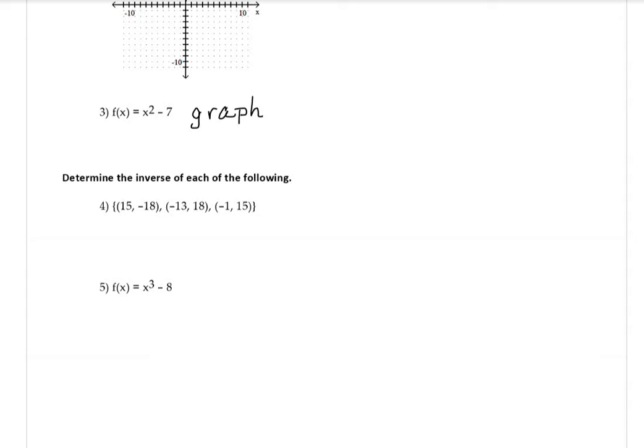But remember that this is really y equals x squared minus 7, and we have been working with problems like that. That is a parabola. I know that it opens up, and I don't really need to put this on a coordinate grid. I just sketch it real quick and use the horizontal line test, and I can see that a horizontal line will hit the graph in more than one spot, so that this is not one-to-one.